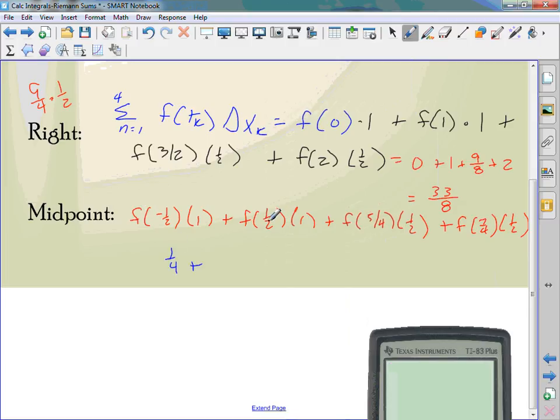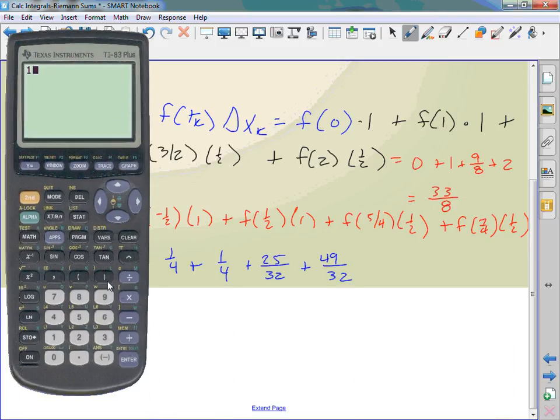Plus 1/2 squared is 1/4 times 1 is 1/4. 5/4 squared is 25/16 times a half is 25/32nds. 7/4 squared is 49/16, times a half, I get 49/32nds.